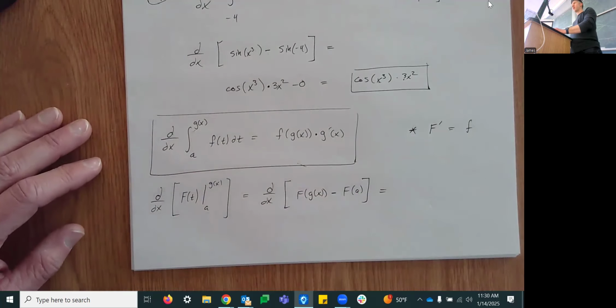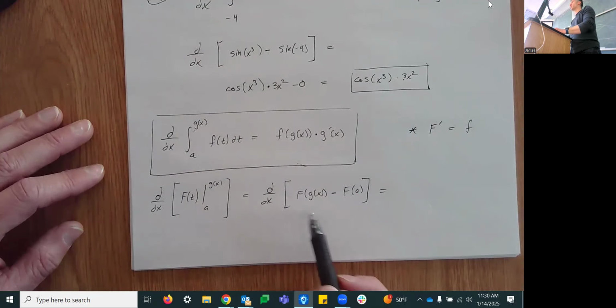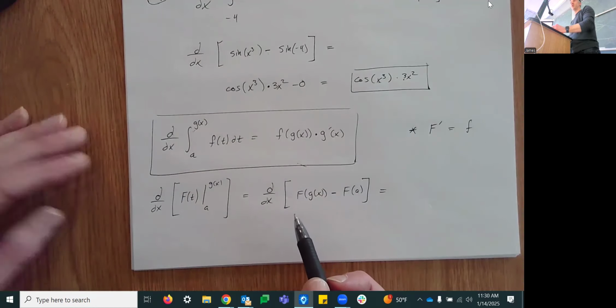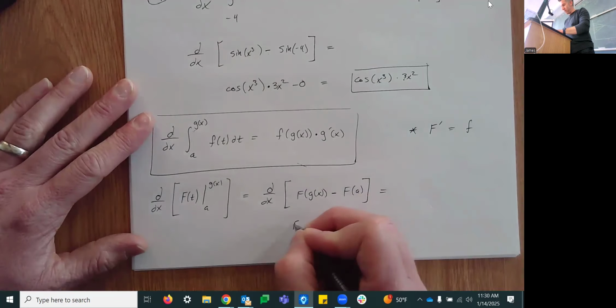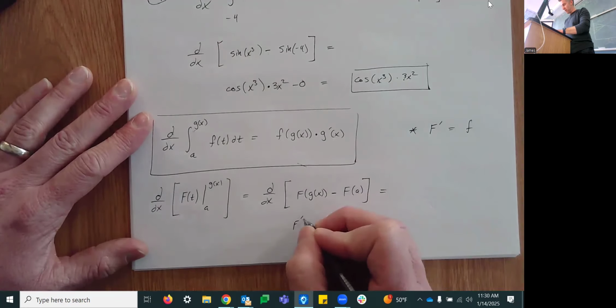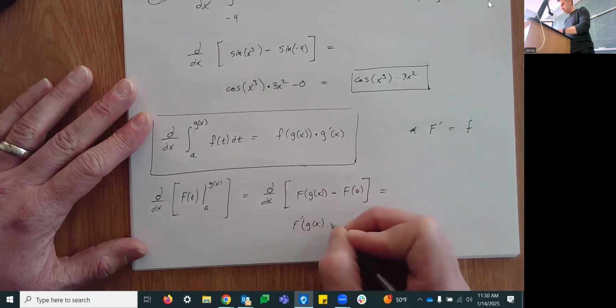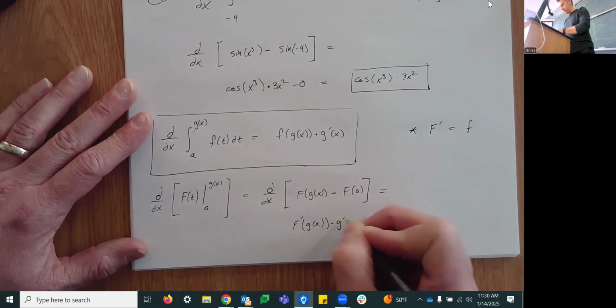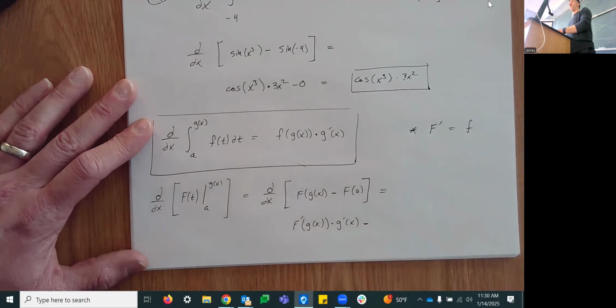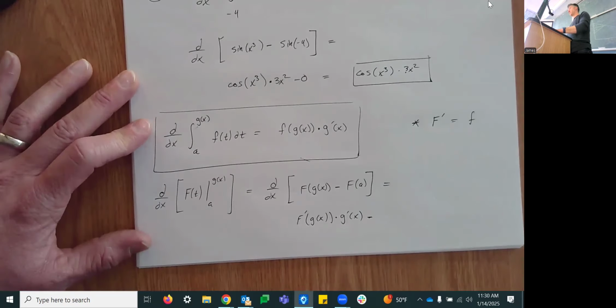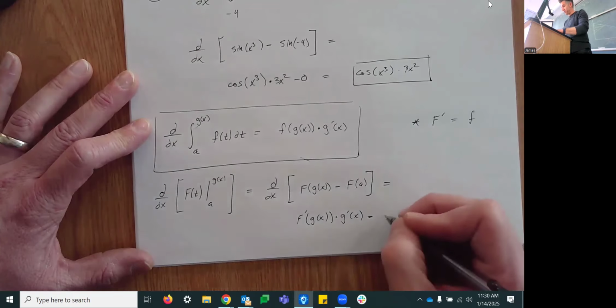Oh, look, it's a composition of functions. I'm going to use the usual chain rule for taking its derivative: the derivative of the outer function, leave the inner function alone, multiply by the derivative of the inner function, minus the derivative of F of a constant. Well, F of a constant is a constant, and its derivative is 0.